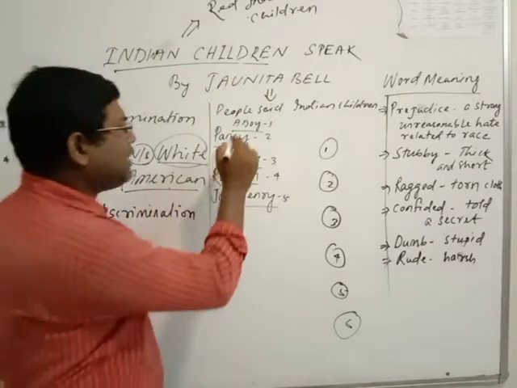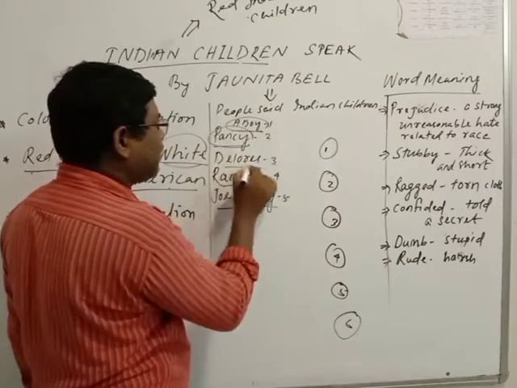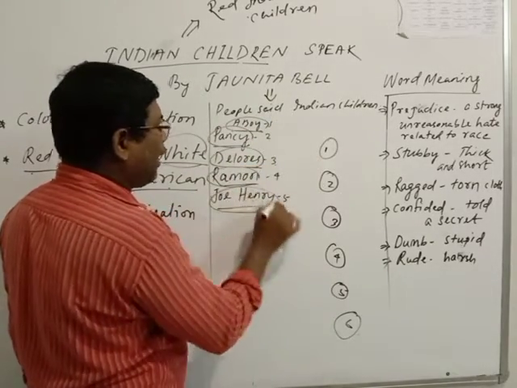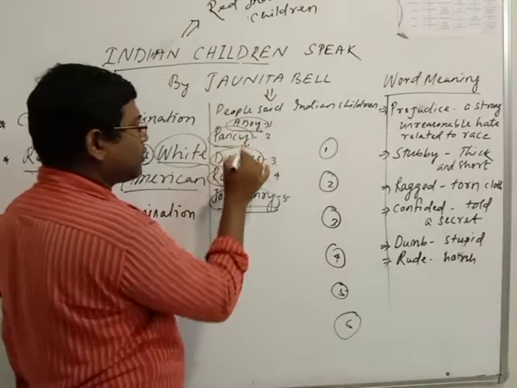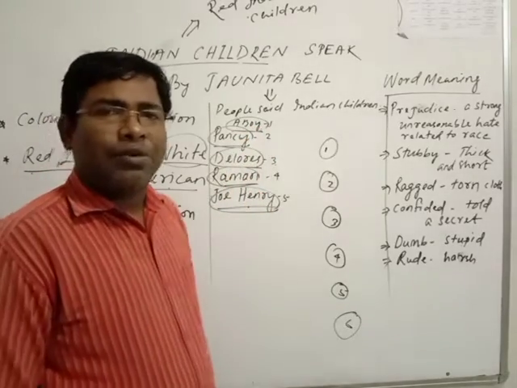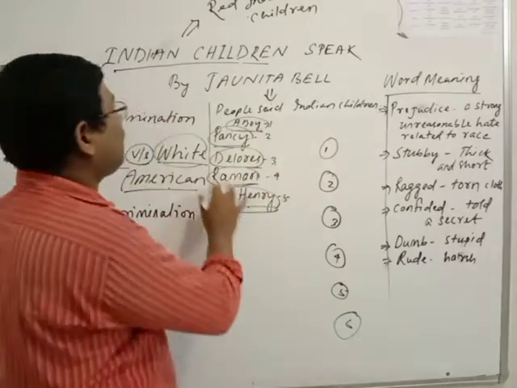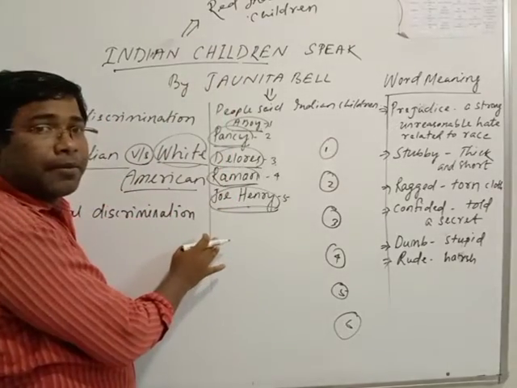And you know, this example will come in each stanza, stanzas 1, 2, 3, 4, 5. You will get one character of the red Indian children.